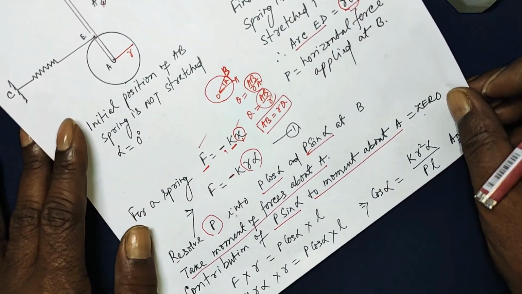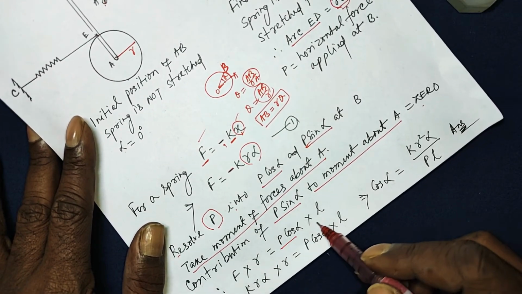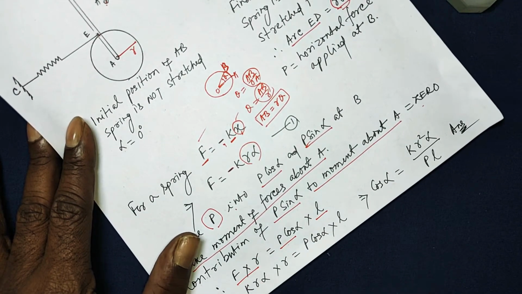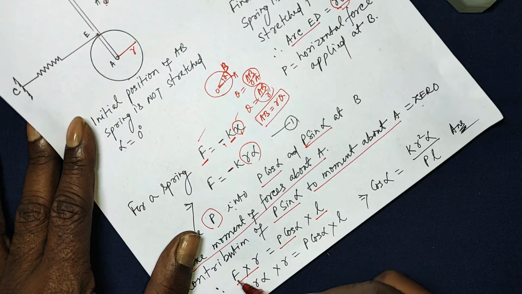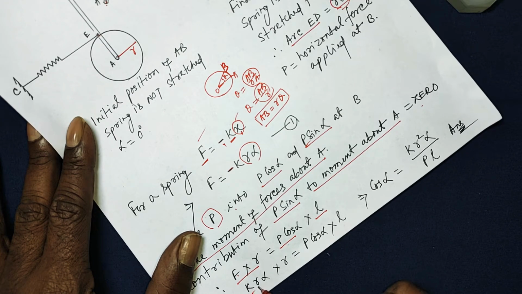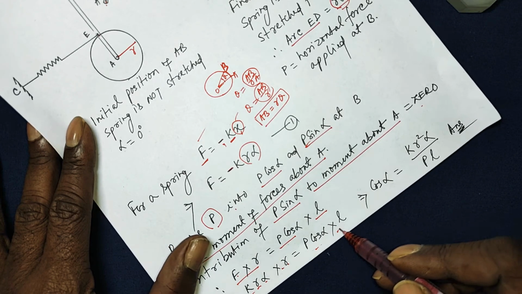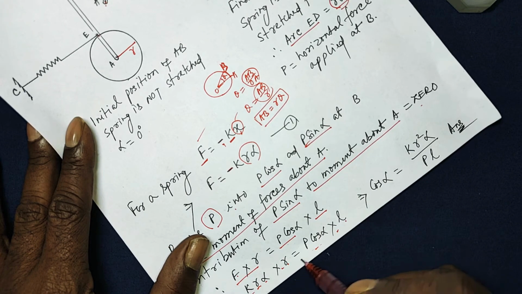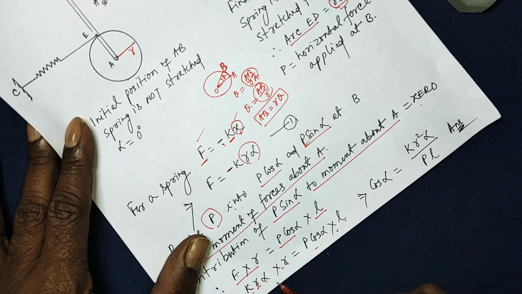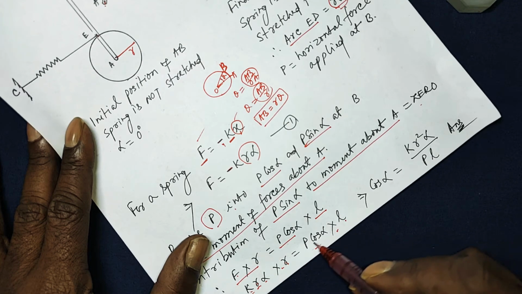So P cos alpha times L is equal to F times R for the restoring force. So K R alpha times R is equal to P cos alpha into L. So R times R becomes R square, K R square alpha.